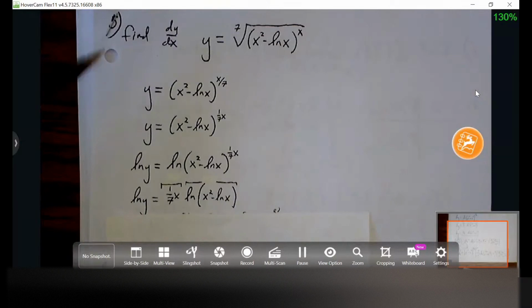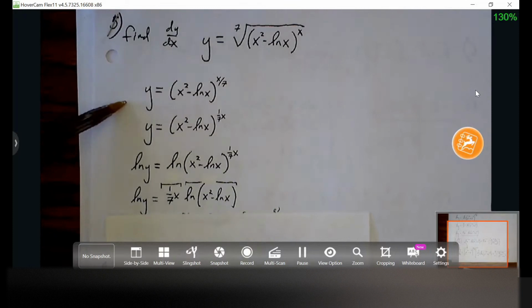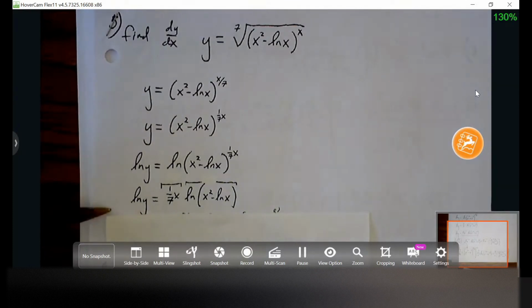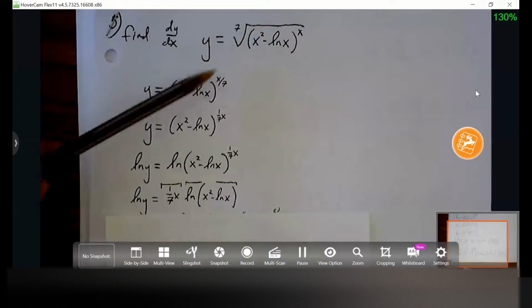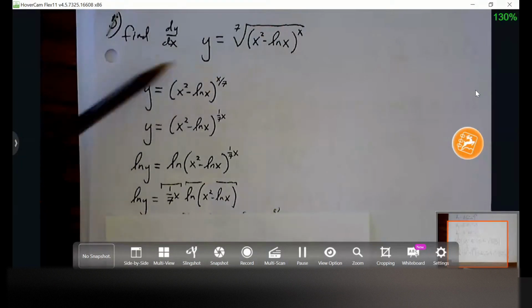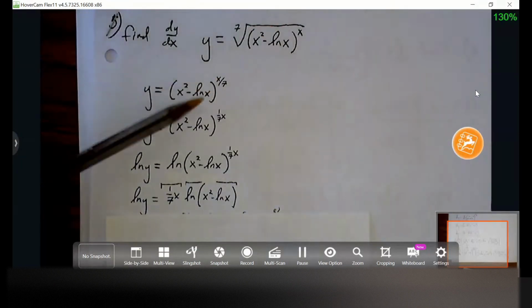I'm picking out this problem from tomorrow's worksheet. So this is a log differentiation problem. We take the natural log of both sides so that we can take advantage of the log property, because we don't have a rule that can handle this particular format.